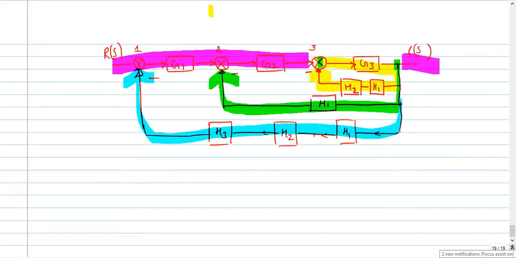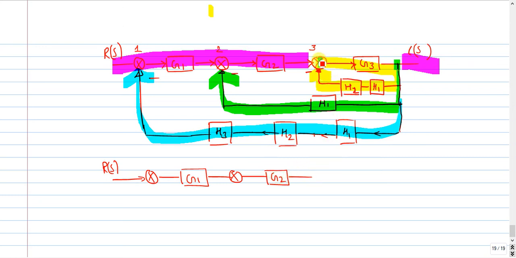So when I do that, my final equation will be R of S, first summing point, G1, G2, and see, for this third summing point I don't have any more signal coming to that apart from the forward path.